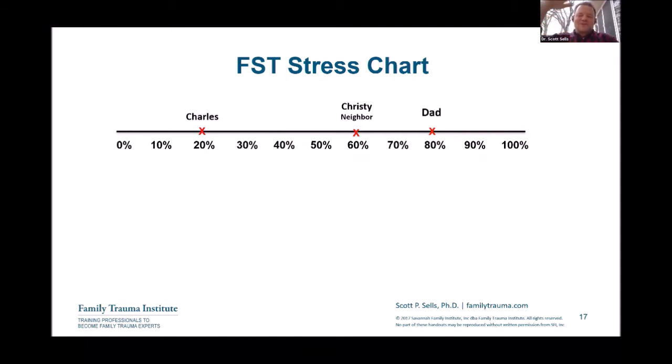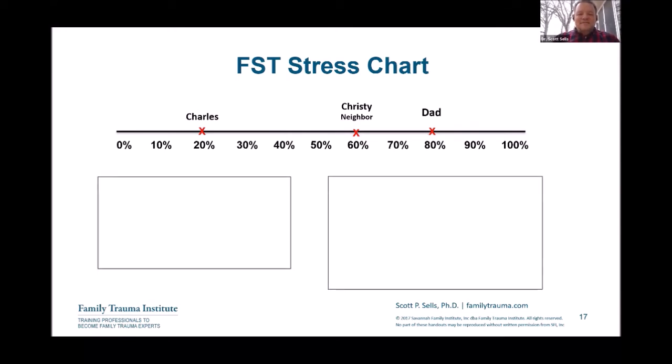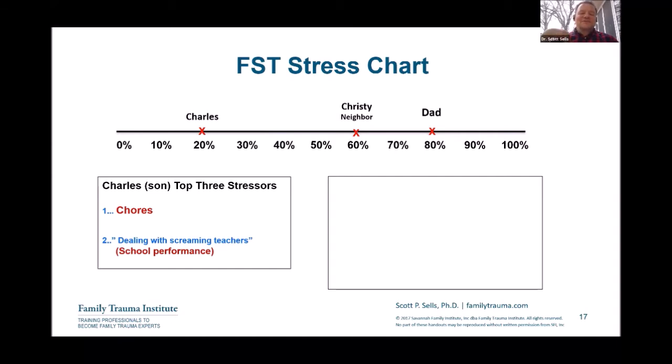The hierarchy was that Charles was the king of the castle, so why would he have stress? That happens a lot with adolescents and children: they don't have much stress because they control the mood of the household. The problems that Charles listed were chores and screaming teachers, which we defined as a major category of school performance.